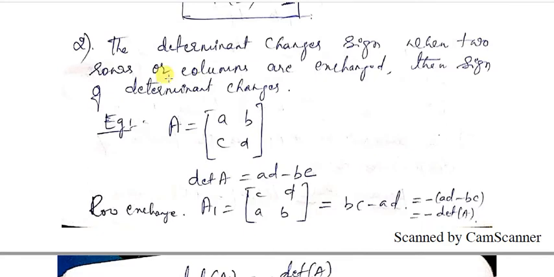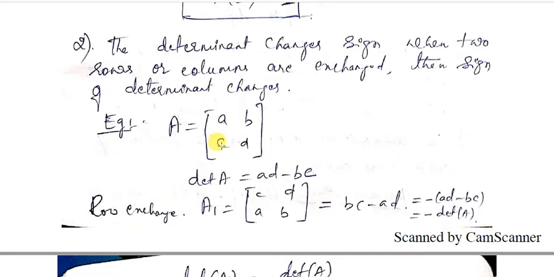Here I have taken one example. Let A be a matrix of order 2, [a, b; c, d], and its determinant is AD minus BC. Let us exchange the rows of this matrix. We call this operation the row exchange property.